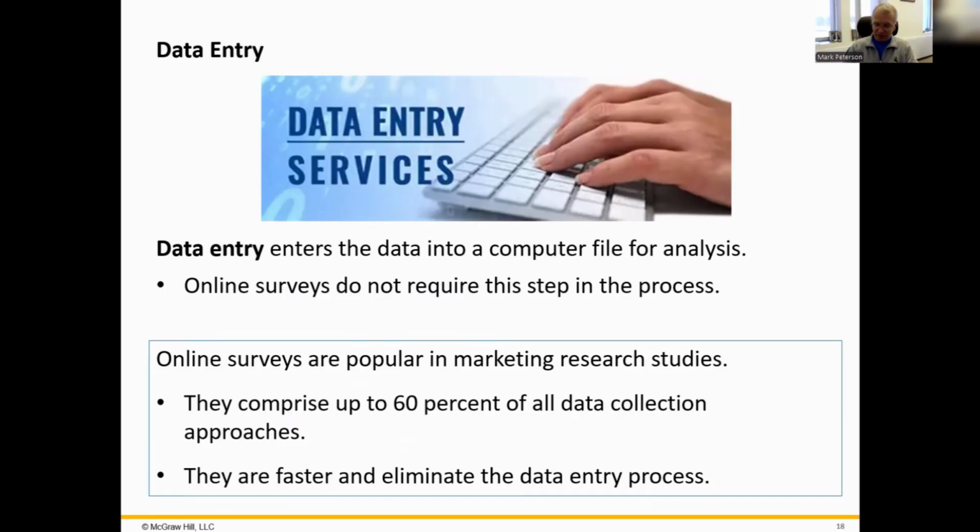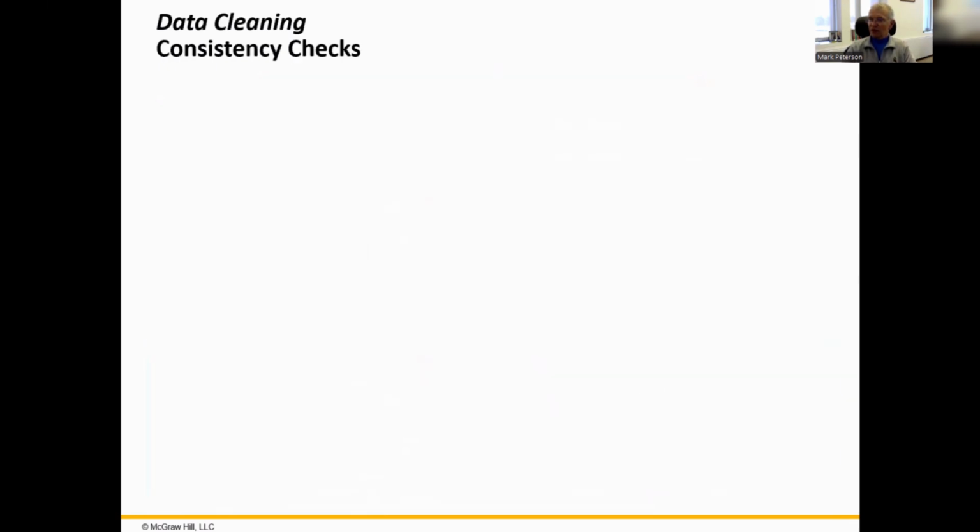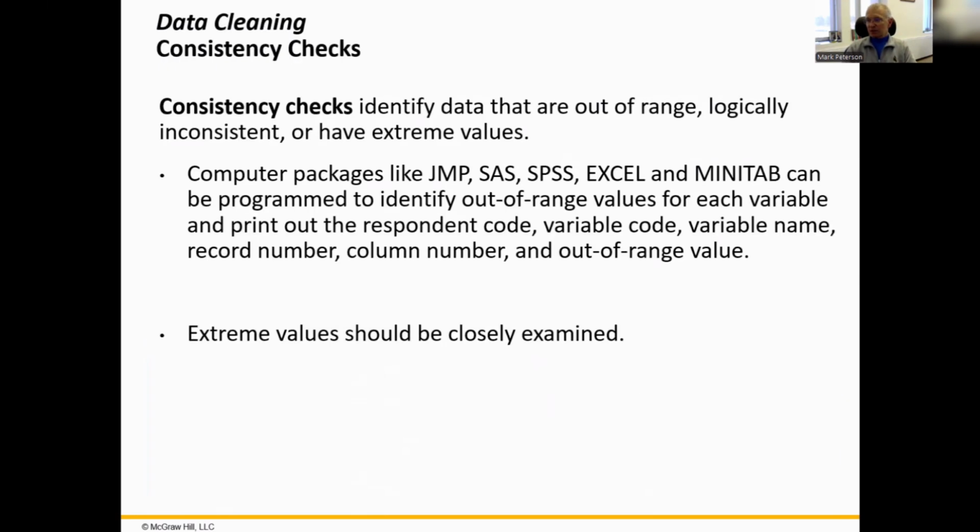But anyway, everything's going to be within the 1 to 7 range of scale that you want. And according to our textbook authors, 60% of data collection is using this online survey approach. And I think that's a positive for you in your future here, that you won't have to be in this tedious and mind-numbing data entry mode that I was in back in the day.